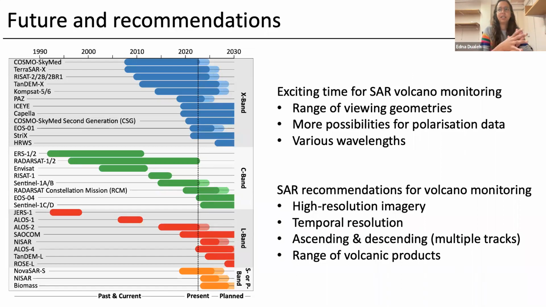It is an exciting time for SAR in volcano monitoring. There are a lot of satellites currently acquiring data and imaging, which means that there's a lot of data out there, and it's also becoming more accessible for volcano monitoring purposes.